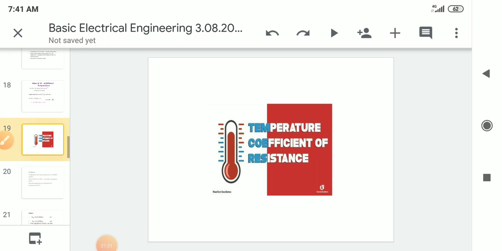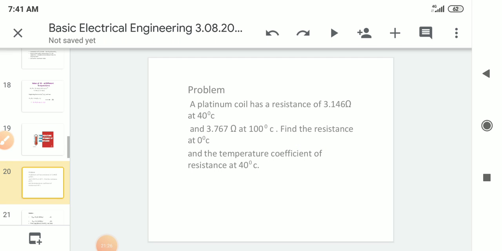Let's see some problems on this topic of temperature coefficient of resistance. A platinum coil has a resistance of 3.146 ohms at 40 degrees centigrade and 3.76 ohms at 100 degrees centigrade.